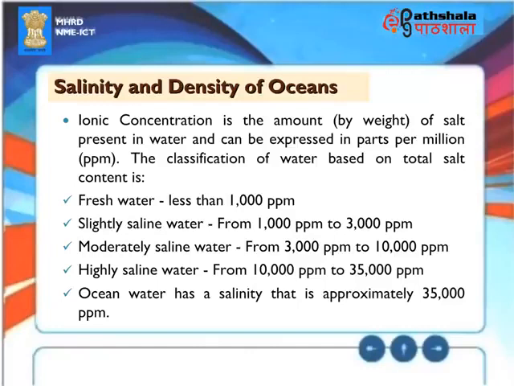The classification of water based on total salt content is fresh water less than 1000 parts per million, slightly saline water from 1000 ppm to 3000 ppm, moderately saline water from 3000 ppm to 10,000 ppm, highly saline water from 10,000 ppm to 35,000 ppm. Ocean water has a salinity that is approximately 35,000 ppm.